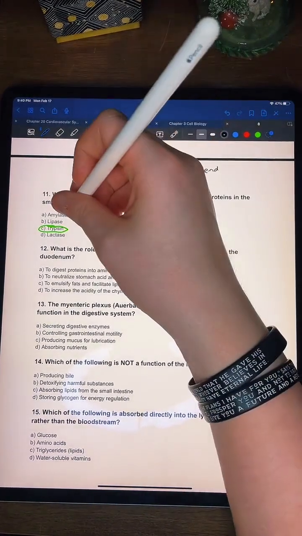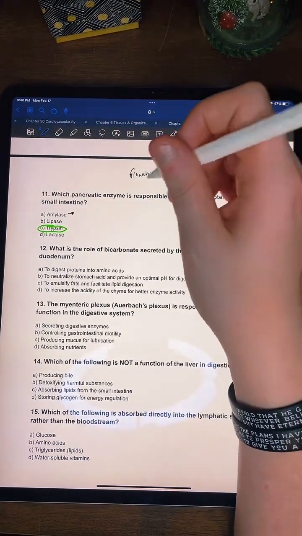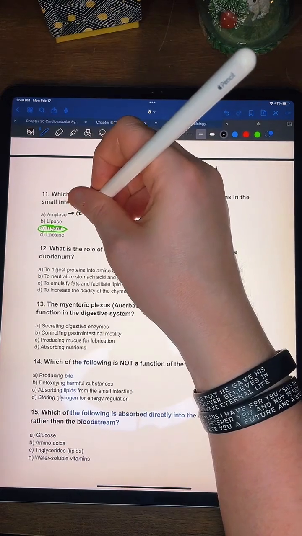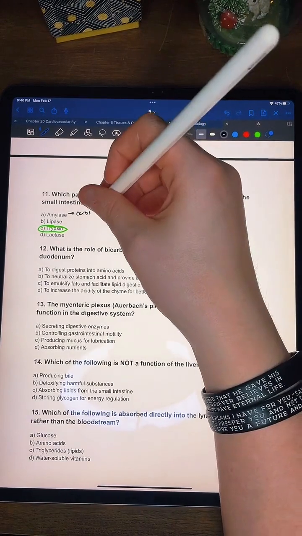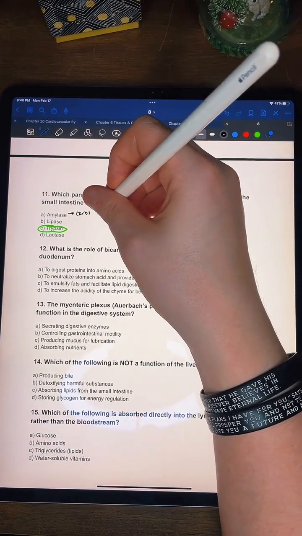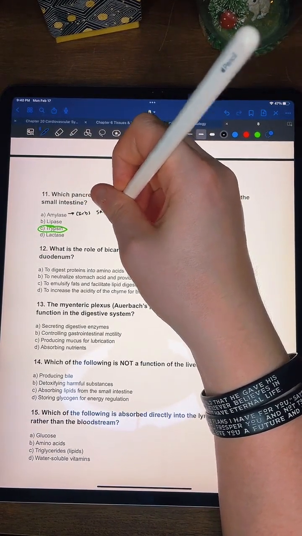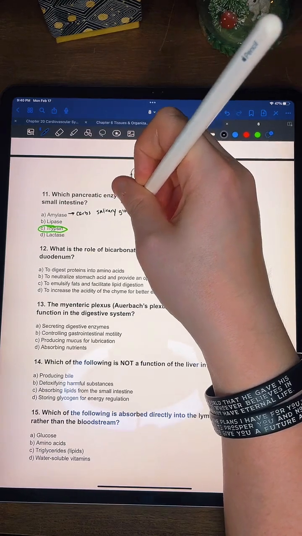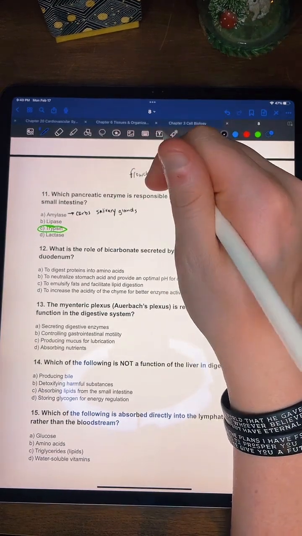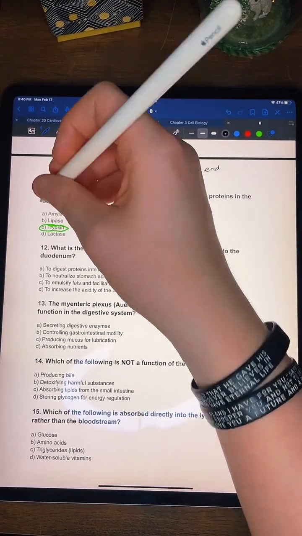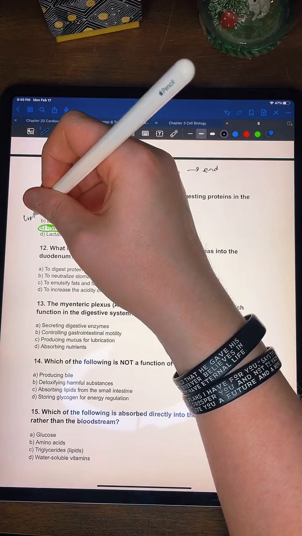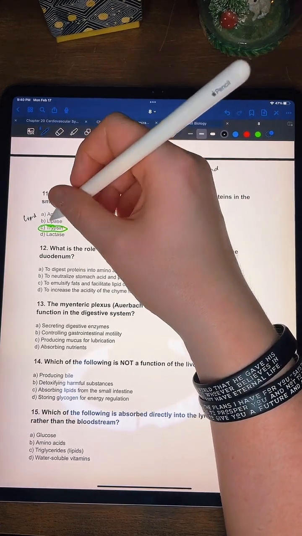So what are the functions of the other ones, someone asked? Let's go through those real quick. Amylase breaks down carbs, specifically in salivary glands. Lipase, if you break down the word here, you have lipid, ace, enzyme.